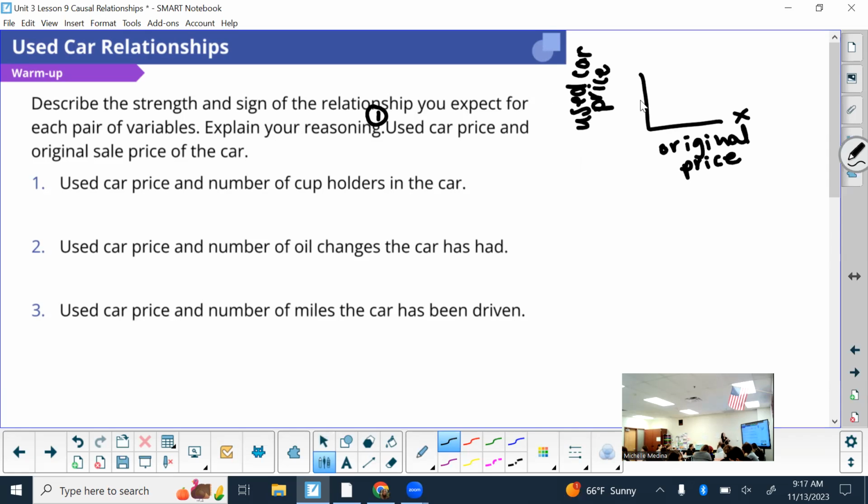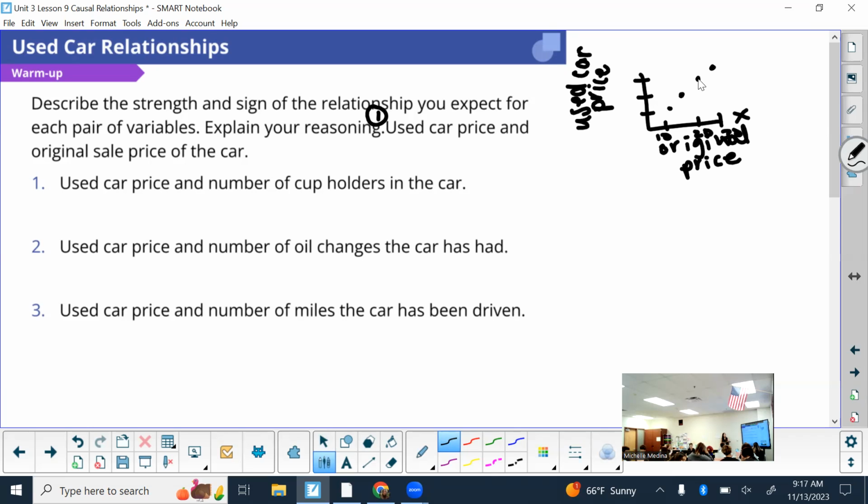So as the original price increases, let's say this is $10,000 for the original price, 20,000, 30,000, do we expect the used car price to also increase or also decrease? So I agree. The graph probably looks something like this.